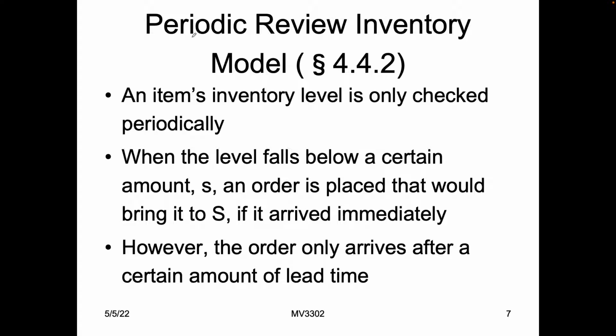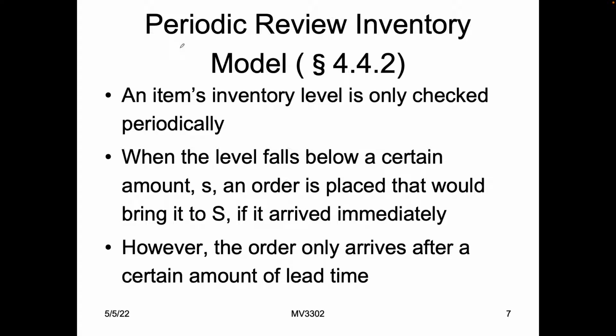There's a term called periodic review, and it's the opposite of something called continuous review. So the idea in this is that we have an item, and we will only check that item's level periodically. We have these items in inventory, and periodically we have some customer who comes and wants them, and we give them to them if we have them.